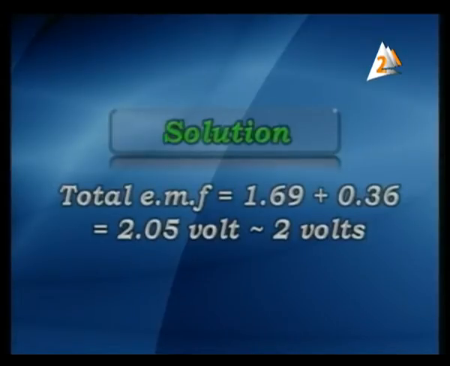As you see, the total EMF of both halves, the anode 0.36 and the cathode 1.69, totals 2.05 volts, approximately 2 volts. It's good to say that. So it's very important to sum the two halves, the cathode and anode, depending on the oxidation reduction reaction.